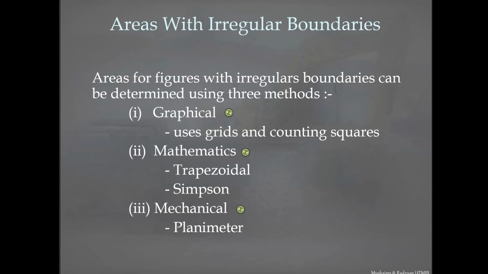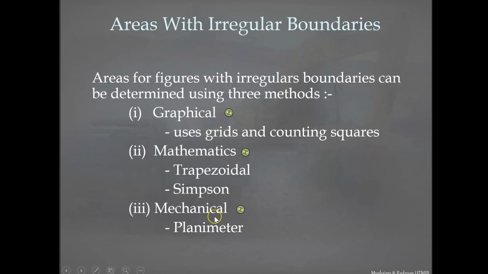So what I'm trying to highlight is you consider yourself having a physical map, and you've got an area on the map that you need to determine, and this is not too elaborate, simple, straightforward, and probably scanning the map would not be an option. So these are the methods that you apply. So let's look at the last method there, mechanical.